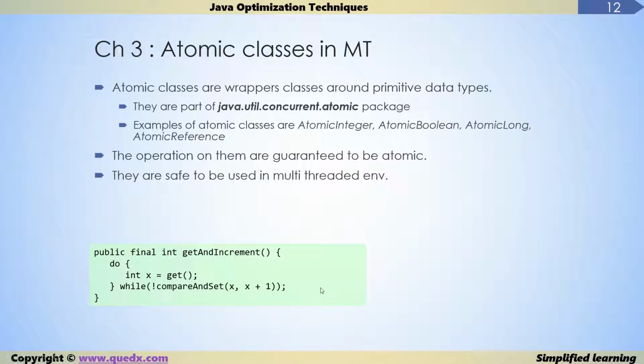As a result, they give better performance as compared to using locks or the synchronized keyword. Let's take a look at 2 demo examples. In the first demo, we are going to have 100 threads that will increment a variable 1 million times using AtomicInteger. In the second demo, the functionality is the same, but we'll be using the synchronized keyword.